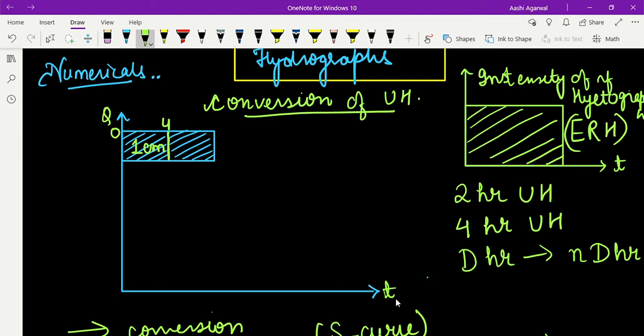Again and again, and I am repeating the previous video also, please notice unit hydrograph is plotted for 1 centimeter of effective rainfall, because effective rainfall is the rainfall which will contribute to runoff. Other rainfall will go into the ground, or maybe it will evaporate. So here, let's say for the first 4 hours there was 1 centimeter of effective rainfall in the catchment, due to which I got a hydrograph.